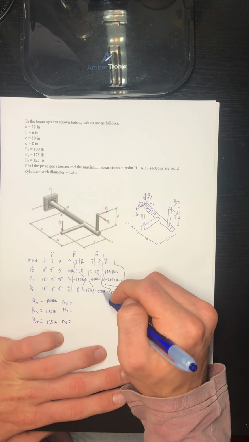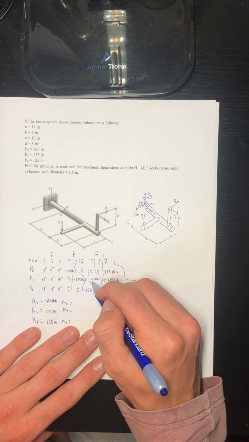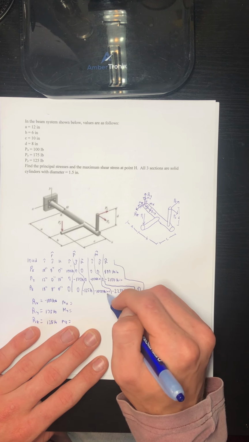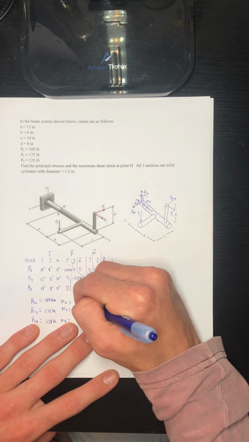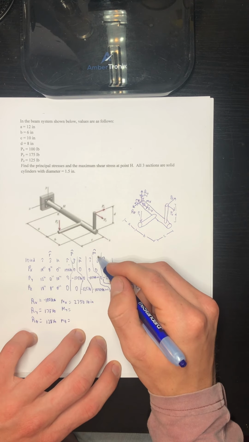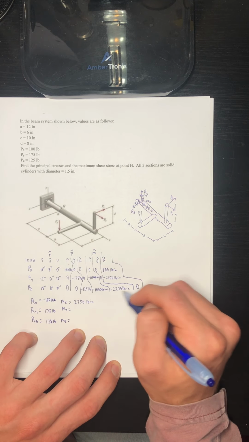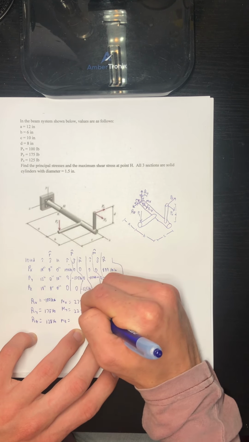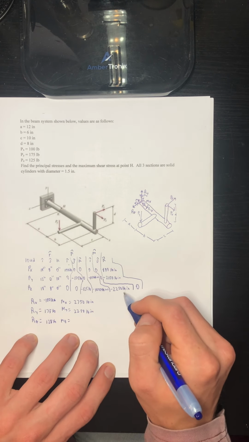Our moment in the x needs to counteract what's going on here. So we have negative 1,750 pound-inches, negative 1,000 pound-inches. So we have 2,750 pound-inches. In the y direction, we have just this one value that we'll go ahead and flip the sign, 2,250 pound-inches.